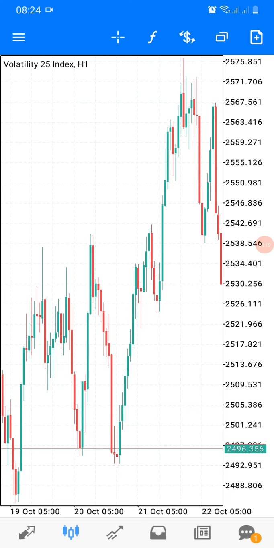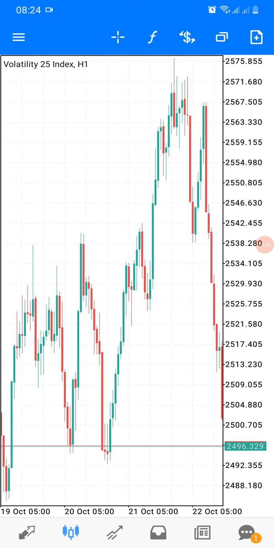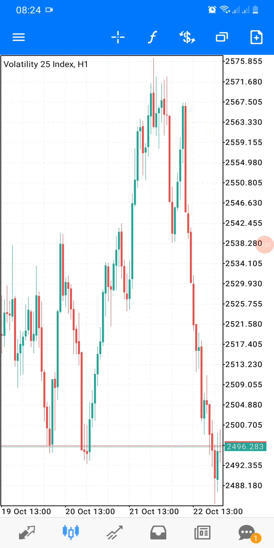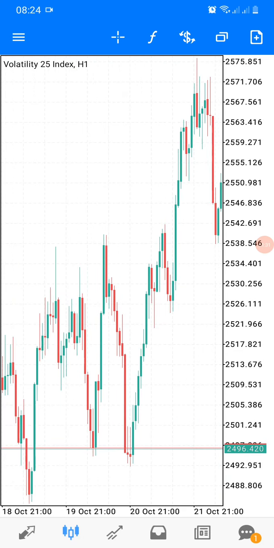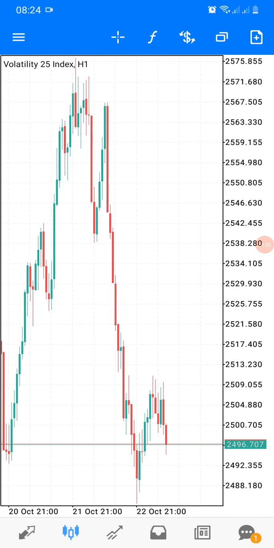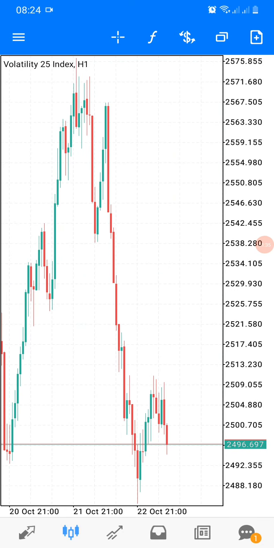Listen carefully. If you want to make money in this chart, or if you want to understand the chart better, you need to rotate your screen. Because when your screen is in portrait, you can't understand the market, right?